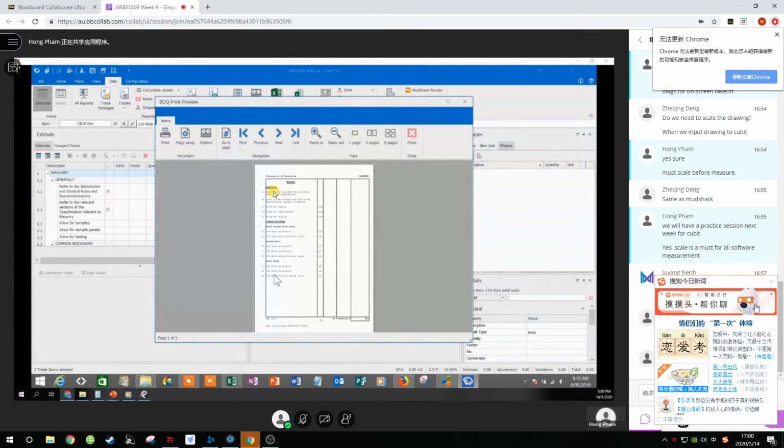I don't want to show my Qubit because it will be a waste of too much time, because Trevor has done a very good job here, and it's good that he has captured the video, so you can always refer back. Guys, next week I want you to have Qubit. Today I know you have Qubit, so I want you to type this very short one-page BOQ to try this out.